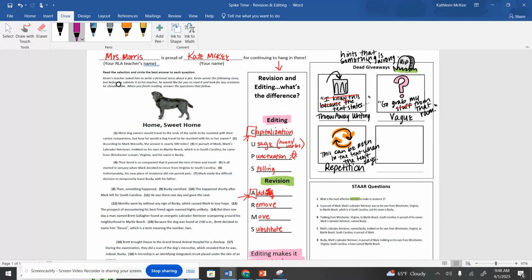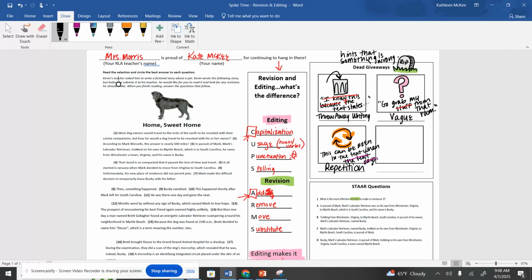Okay, so there's no reason to say it twice. This can be seen in the text when, and then you just take out that second one. There's lots of times that you're going to see repetition in writing, and you want to try to not do that so that you can make it stronger. Stick to the point.